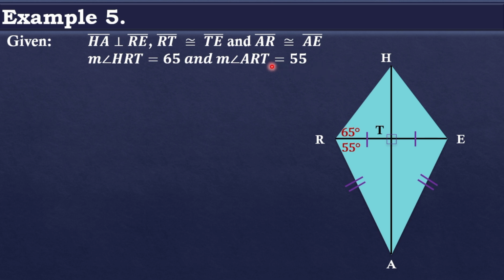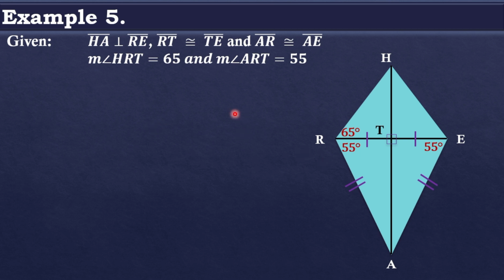So, since si HA ay perpendicular kay RE, ibig sabihin, 4 na right angles meron tayo dyan. Okay? 4 na right angles meron tayo. And then, sabi ko nga kapag nag-analyze tayo ng given, ilagay nyo lahat ng given dun sa figure para makita nyo na kagad kasi makakatulong yan sa inyo sa pag-solve. Okay? So, let us answer.